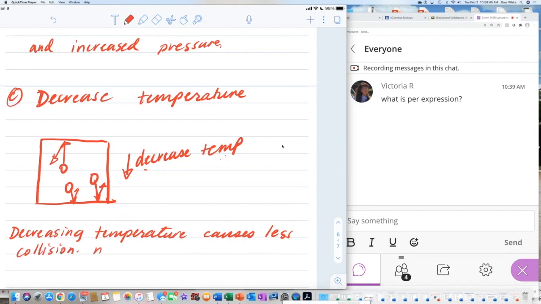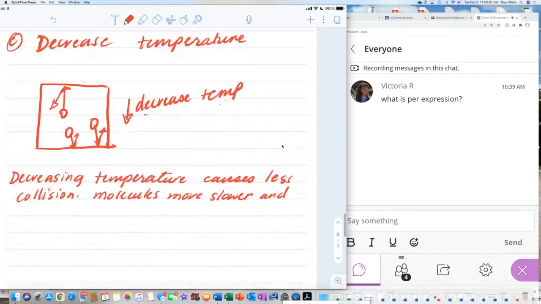Why? Molecules move slower. That's like me when I have low energy. So when they move slower, it takes them longer to get to the wall. Okay? They get there and they eventually collide with the wall, but it just takes longer because the temperature is lower.